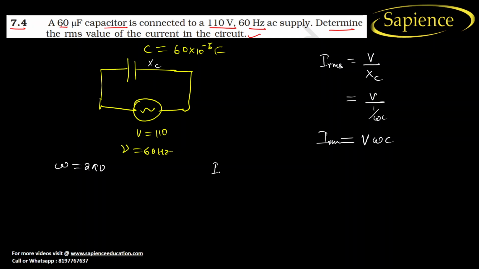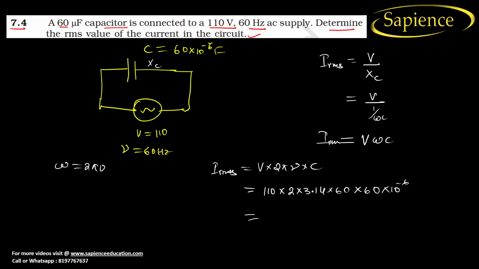So IRMS is equal to V into 2 pi into frequency into capacitance. So voltage is 110 into 2 into pi, which is 3.14, into the frequency 60, into the capacitance, which is 60 into 10 to the power minus 6.